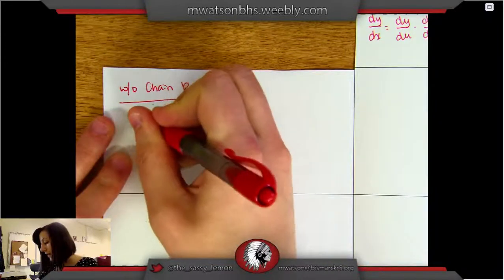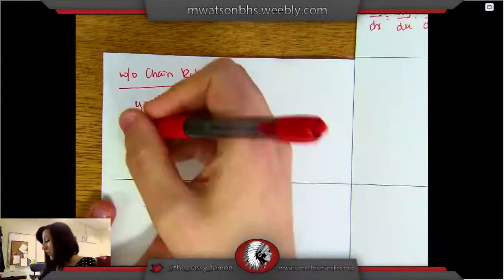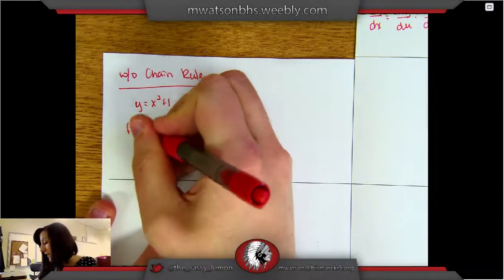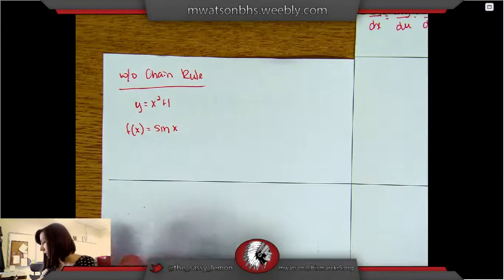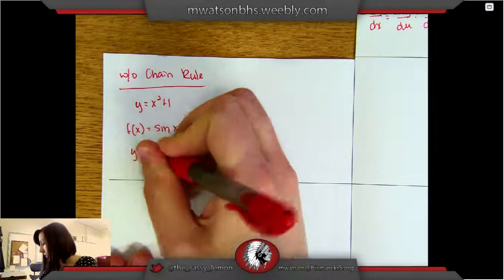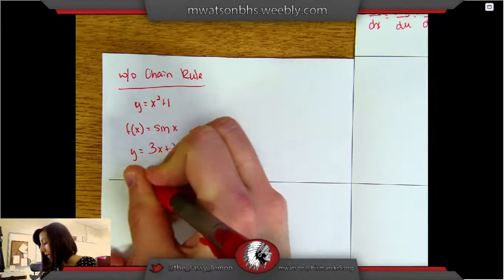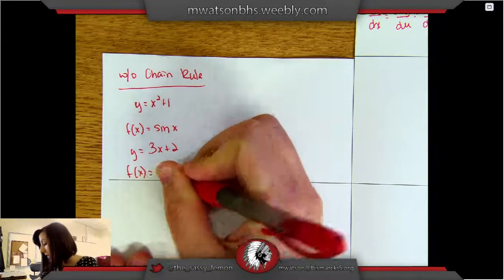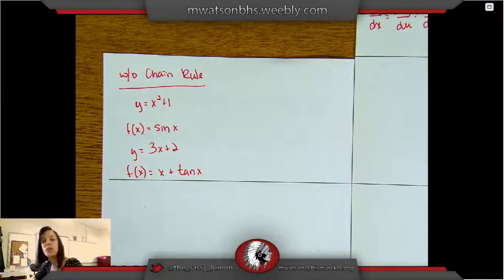Like y equals x squared plus 1, we could find the derivative of that. Or f of x equals sine of x. Or y equals 3x plus 2. Or f of x equals x plus tangent x. All of these things we could have found the derivative of without the chain rule.